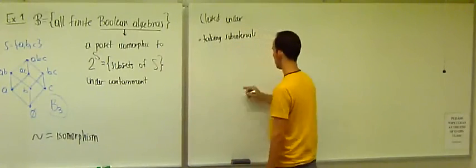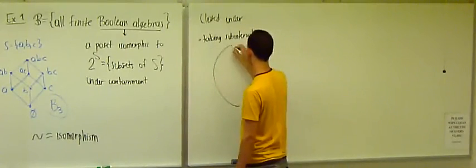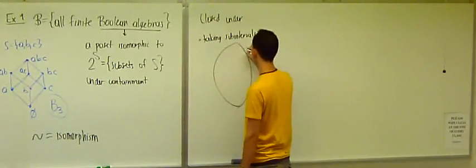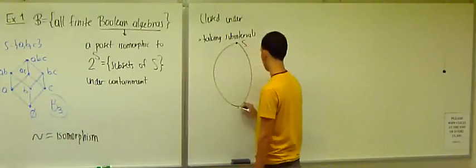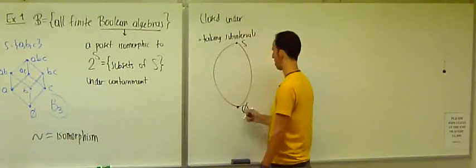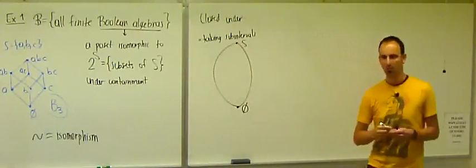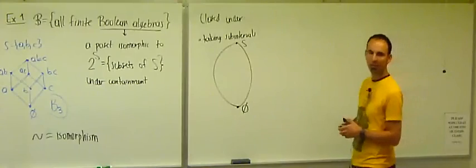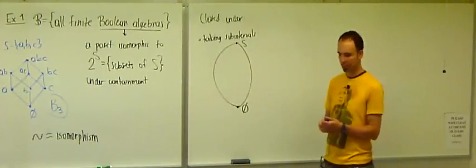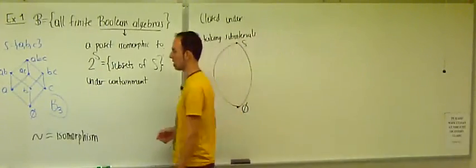Let's take a Boolean algebra. You should think of this as all the subsets of the set S. Let's take an interval inside of here. What does that look like?